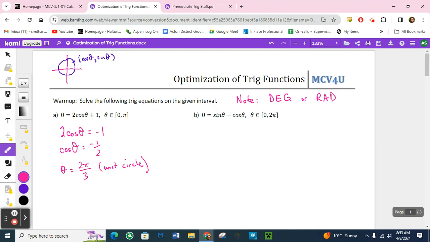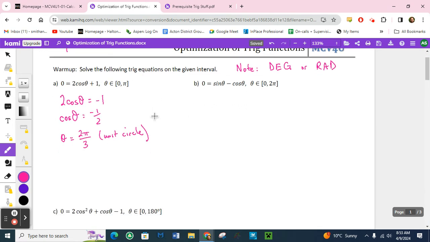But sometimes not every value has an angle on the unit circle plotted for you on your sheet. It only has some special angles. So you could use your calculator as well. Can you humor me and whip out your calculators? Can you make use of your inverse cosine function?